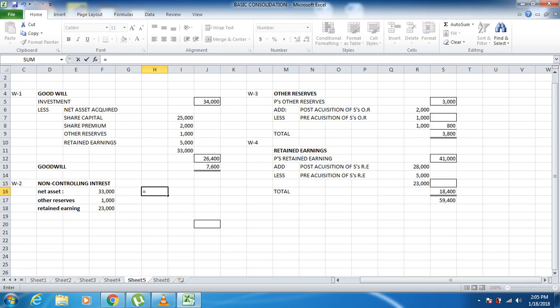Non-controlling interest is 20%. We will calculate here, multiply by 20%, and the 20% of 1000.